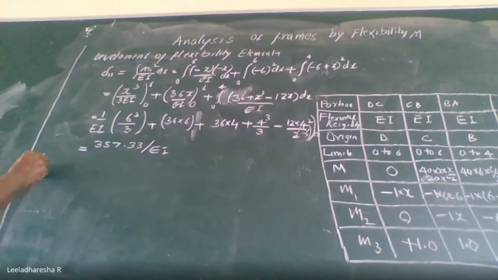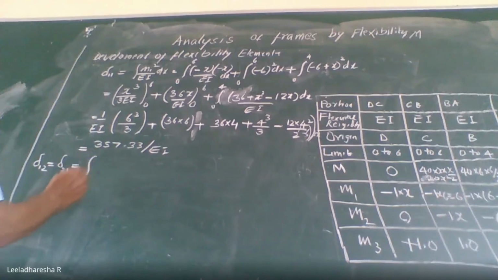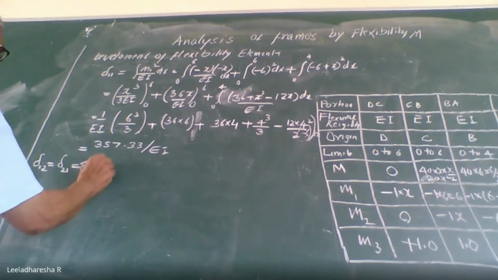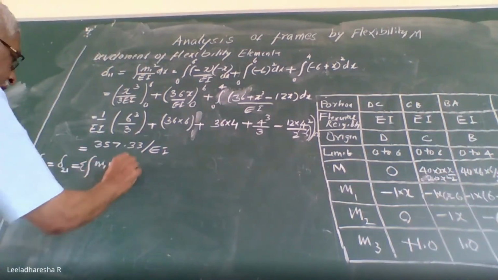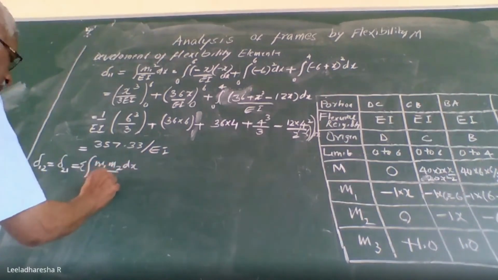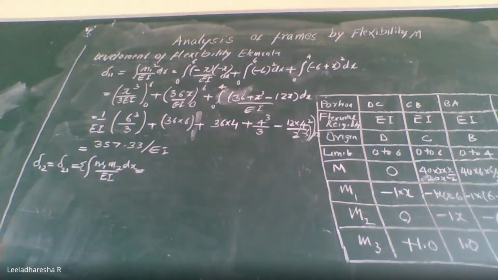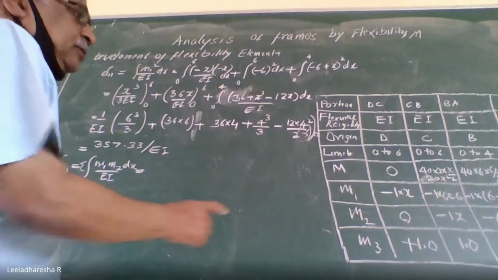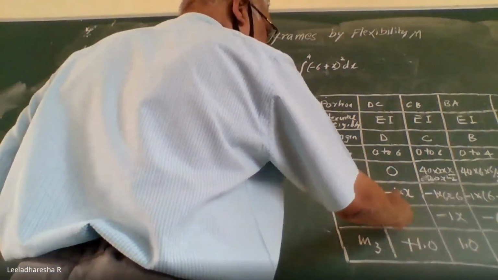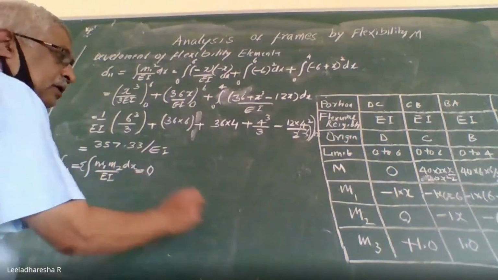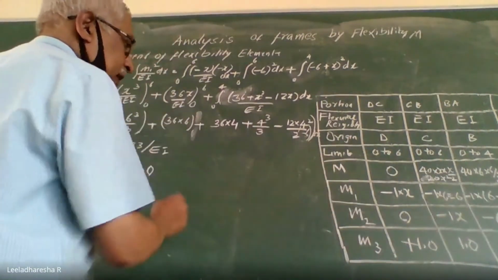Next element, delta 1 2 equals delta 2 1, because of symmetry, these things you will get the same. Because it is given by integration, sigma integration between the limits m1, m2, m1 into m2 dx divided by EI. So for the first portion, m1 into m2 becomes 0, right? 0 into something will be 0 only.